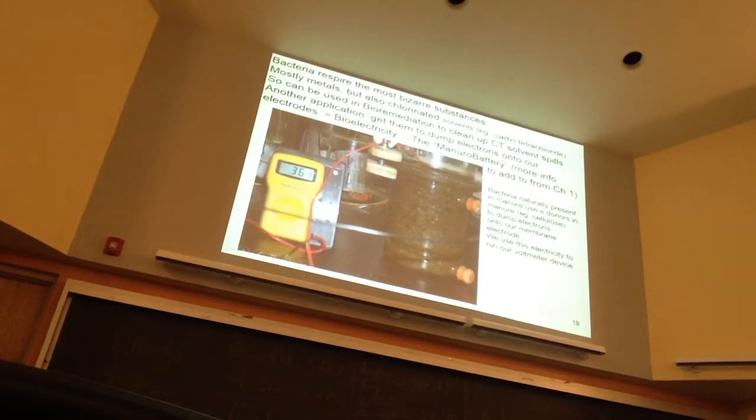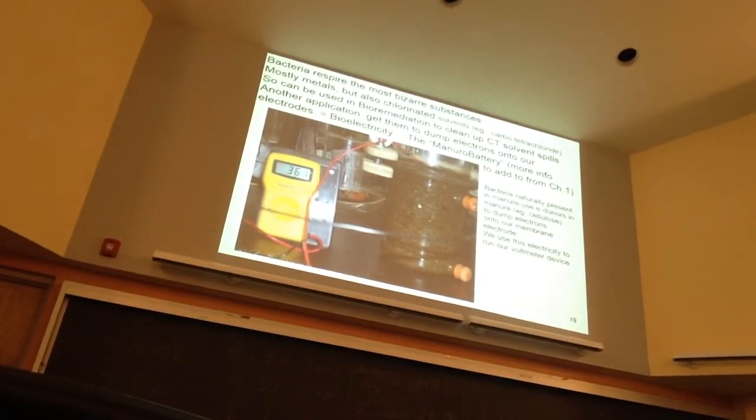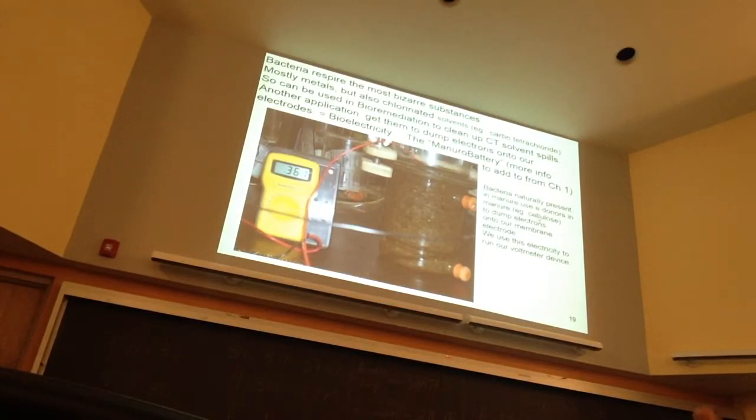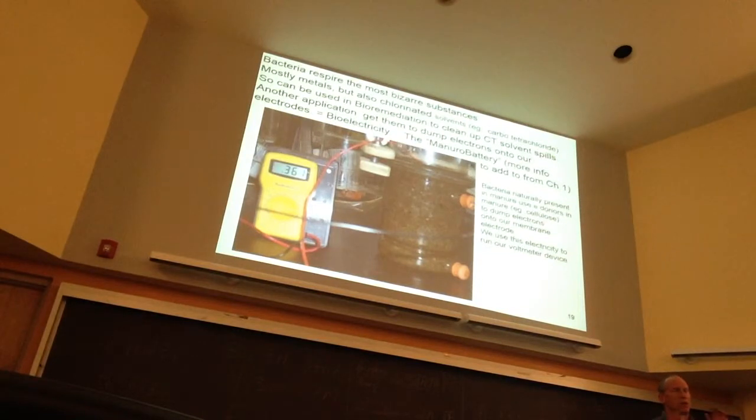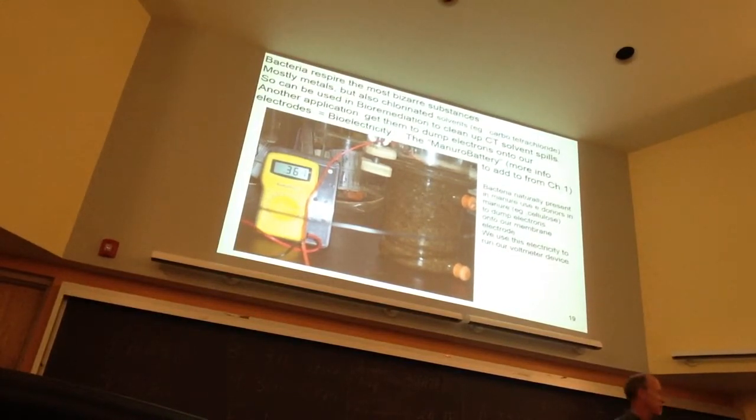Bacteria naturally present in the manure use the electron donors that also are present in the manure. So I give you the example of cellulose, which you know can be broken down to glucose. And once it's at glucose, what are they doing? They're going through glycolysis, TCA cycle, and respiration, just like we were studying. And we interrupt this electron flow for like a millisecond.